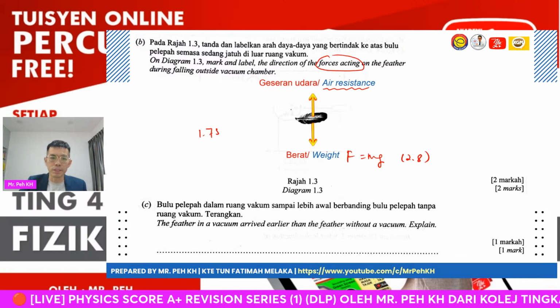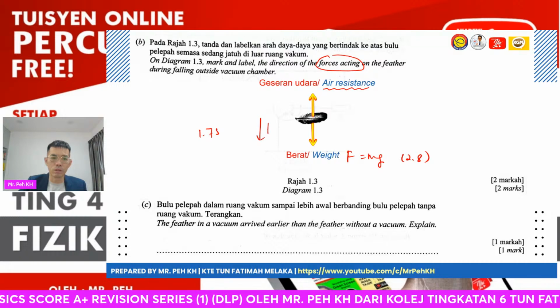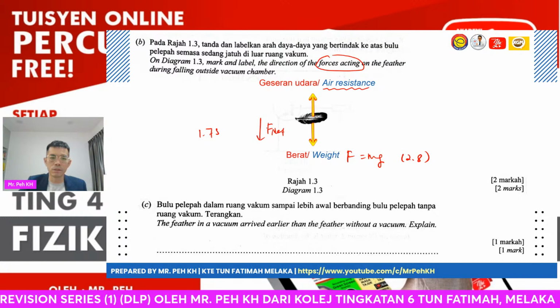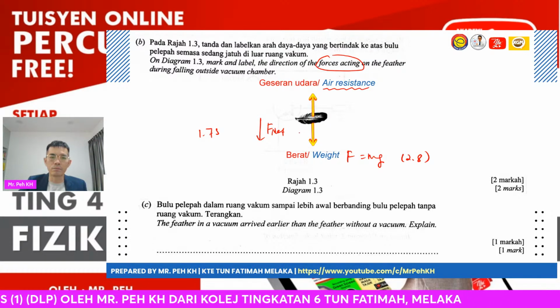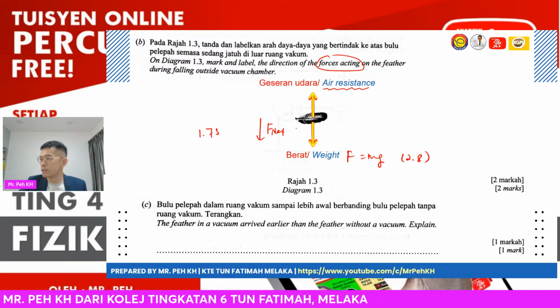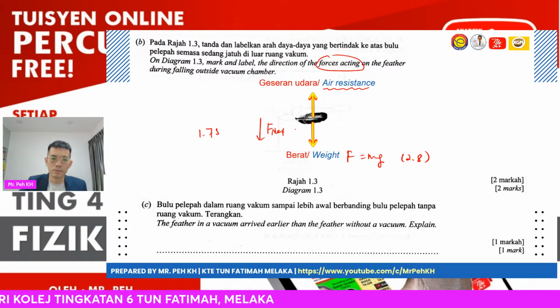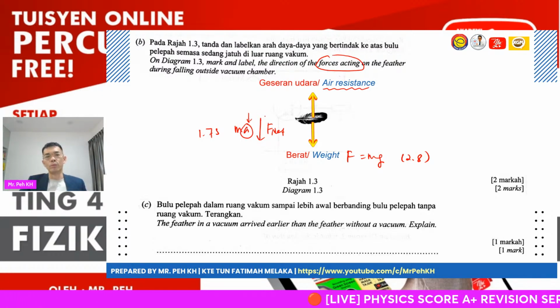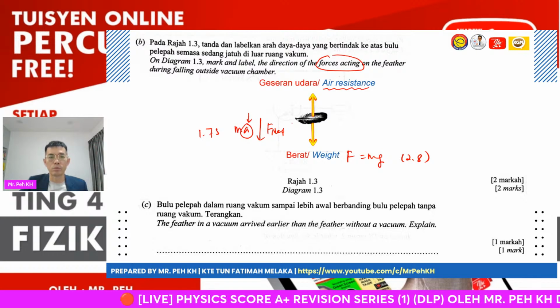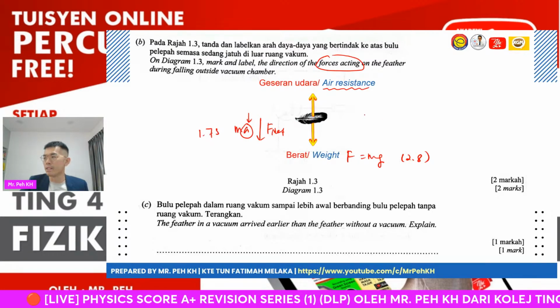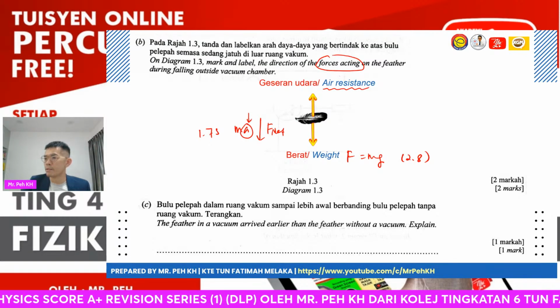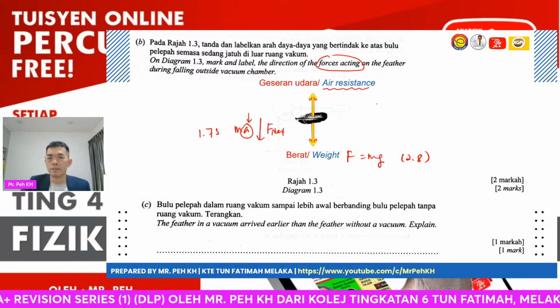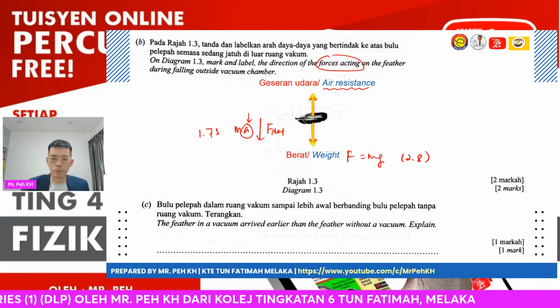This may cause the net force moving down to become smaller. So for F equal to ma, the acceleration will be smaller compared to the feather in the vacuum condition. So here will be 1 mark.